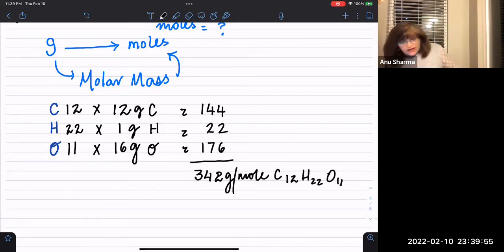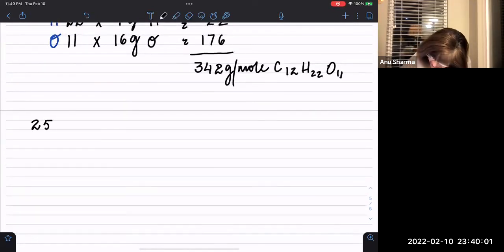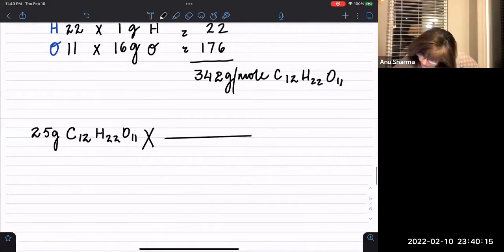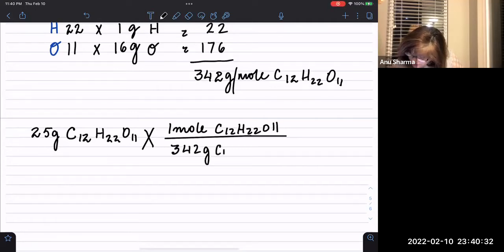Now the question is, in a 25-gram sample of C12H22O11, we need to find the moles. So 25 grams times 1 mole of C12H22O11 over 342 grams of C12H22O11.